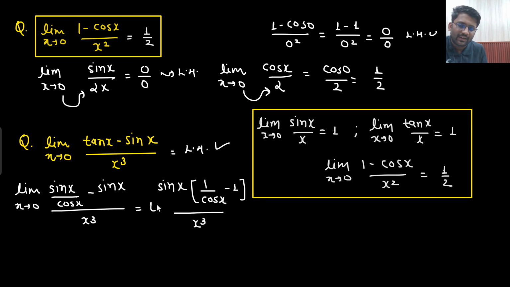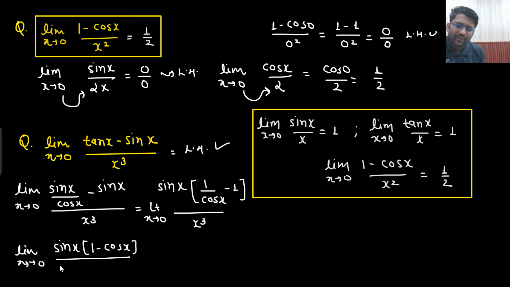And limit x tending to 0 is going. So sin x into 1 minus cos x divided by cos x only. Basically this will become 1 minus cos x divided by cos x. So this has become tan x. Say yes or no? Is that understandable to you? Tan x minus sin x I have replaced in this manner.